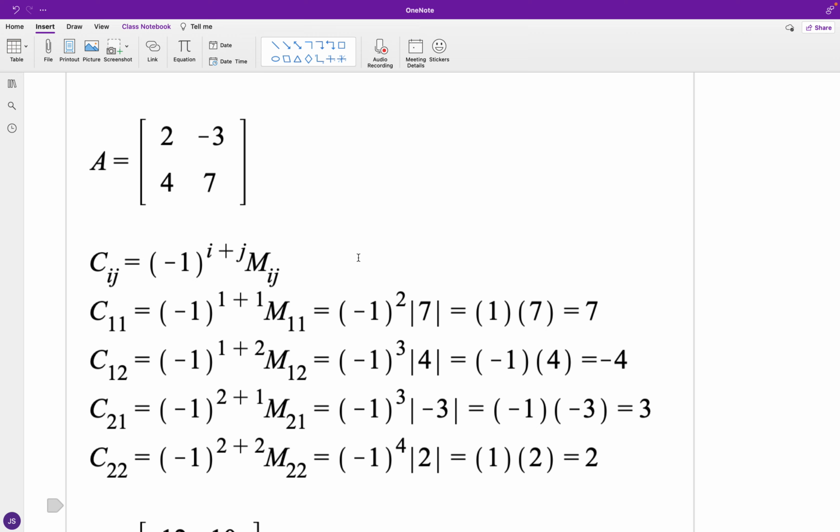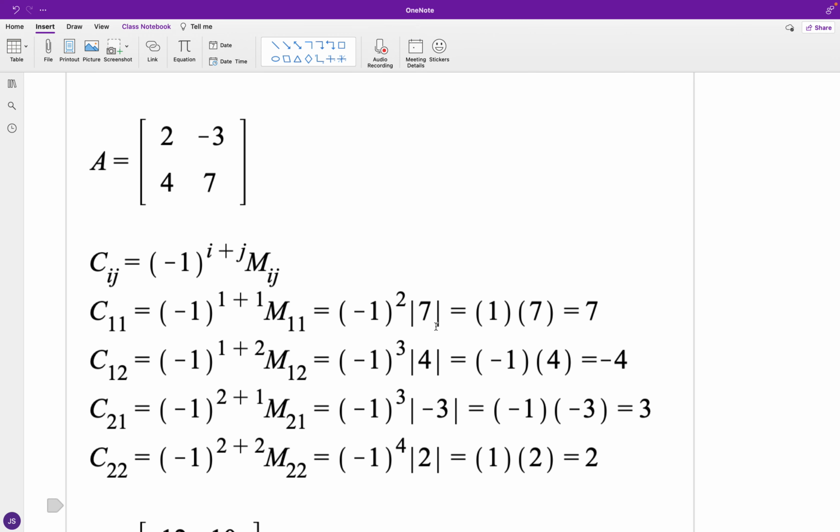And let's say in reference to the first row and first column for the cofactor, covering up the first row and the first column, we have exposed the value of 7. And negative 1 to the 1 plus 1 is negative 1 squared, which is positive 1.